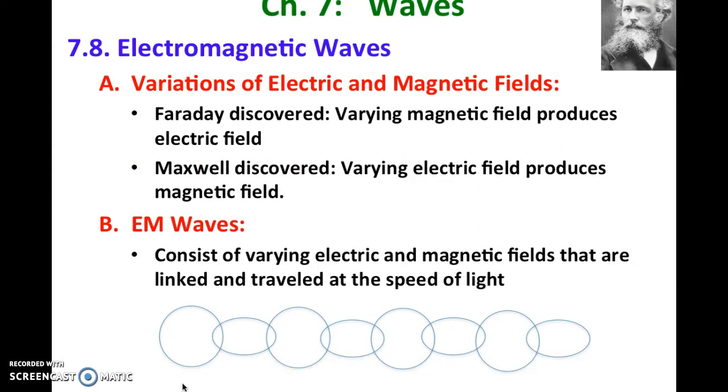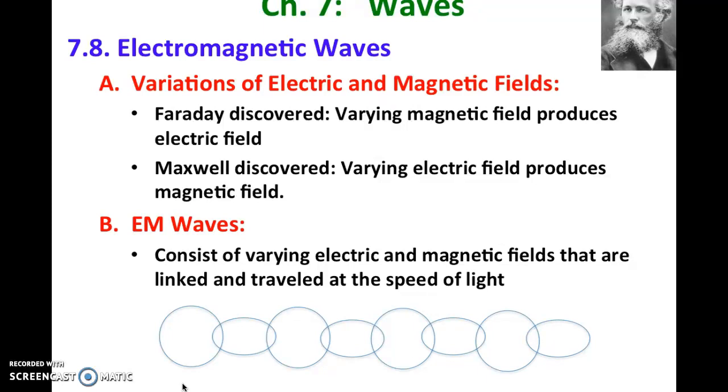From what we learned in Chapter 6, Electricity and Magnetism, electric field originates from charges, while magnetic field originates from moving charges. Faraday discovered that a magnetic field, when it varies, produces an electric field. Later on, Maxwell discovered that an electric field, when it varies, produces a magnetic field.